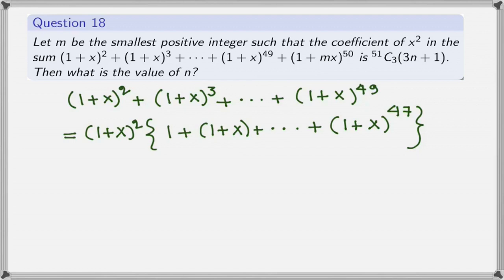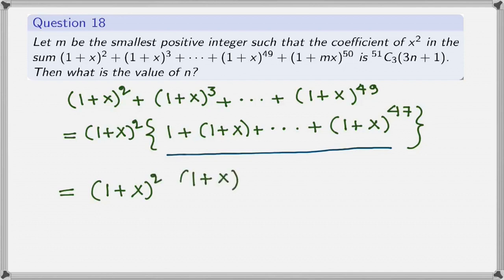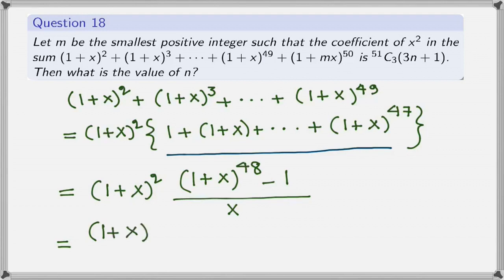Now note that this inside part is a geometric series. Therefore, we can write the whole thing as (1 plus x) whole square into ((1 plus x) whole to the power 48 minus 1) divided by (1 plus x minus 1), that is equal to x. So, this is equal to ((1 plus x) whole to the power 50 minus (1 plus x) whole square) divided by x.